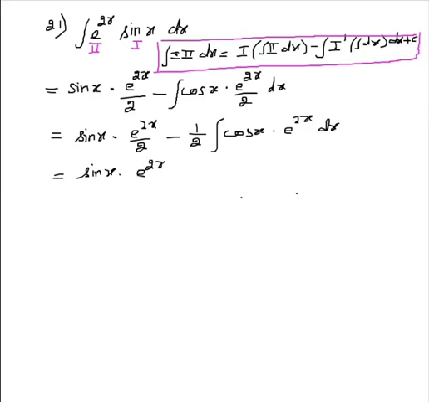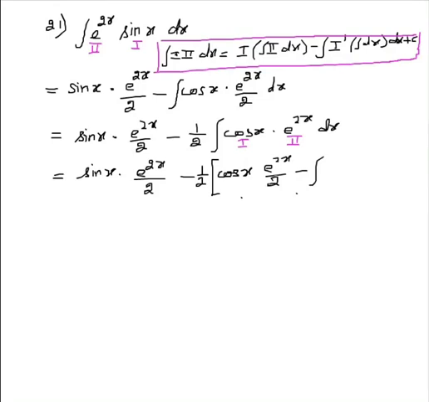sin x into e power 2x by 2 minus, this is second function and this is the first function. First function into integral of the second function minus integral.